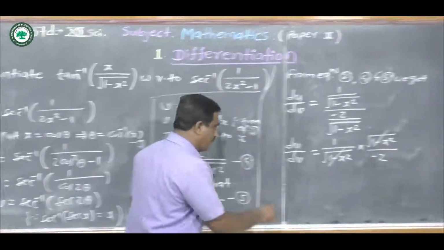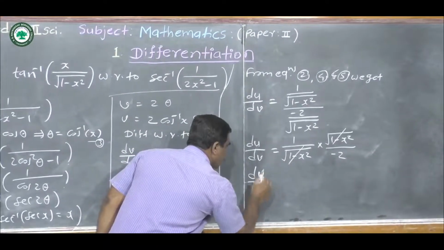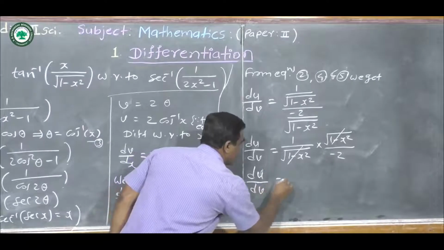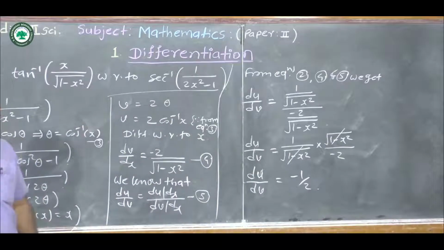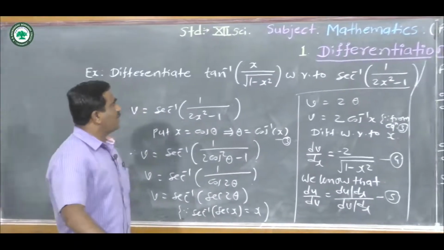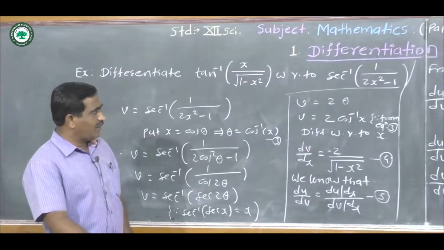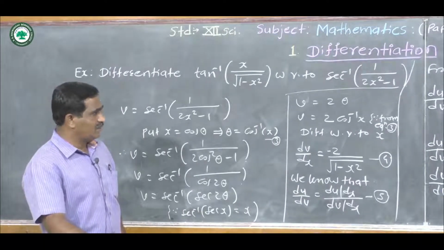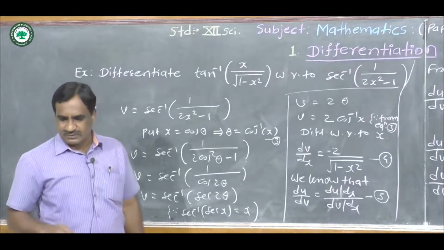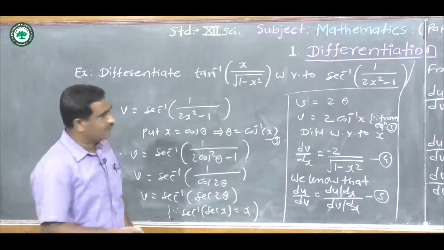Now there remains only du by dv equal to minus 1 by 2. That is, the derivative of the function tan inverse of x upon under root 1 minus x square with respect to sec inverse of 1 upon 2x square minus 1 is minus 1 by 2. That is, du by dv is equal to minus 1 by 2. Okay.